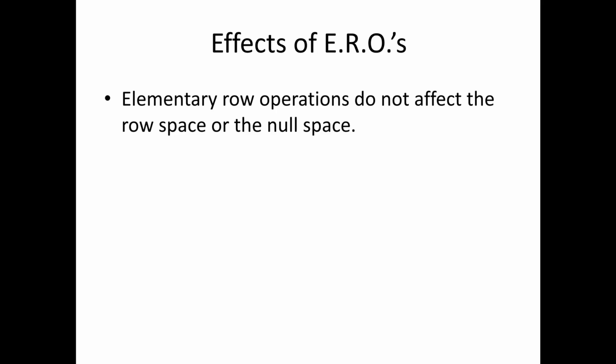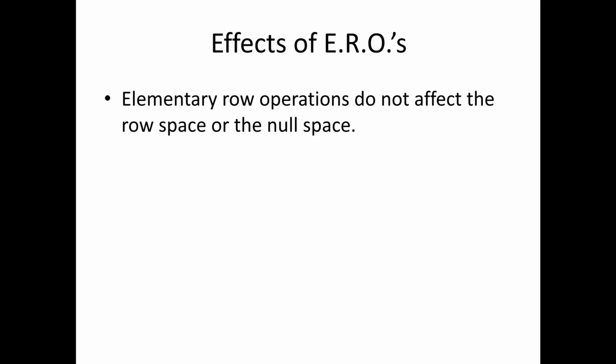Now that's like forming a linear combination, so that really should not change the row space either, because everything in the row space should be a linear combination of row vectors anyway. So here we go. Elementary row operations do not affect the row space or the null space.